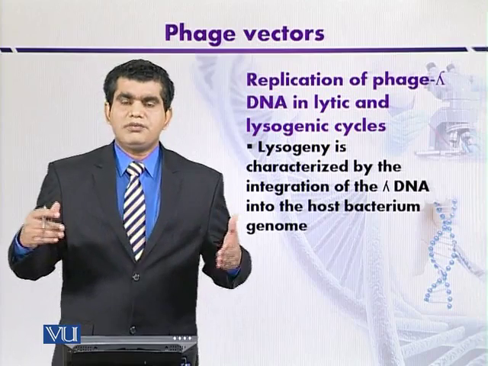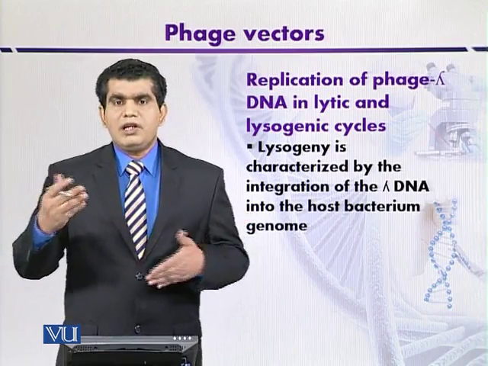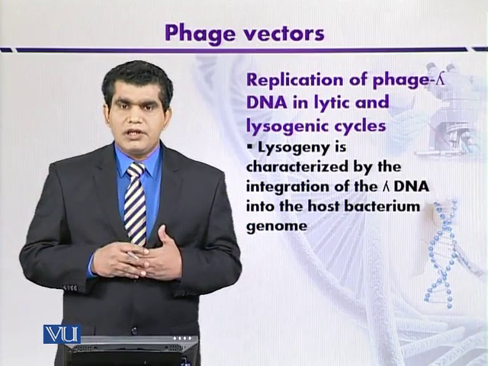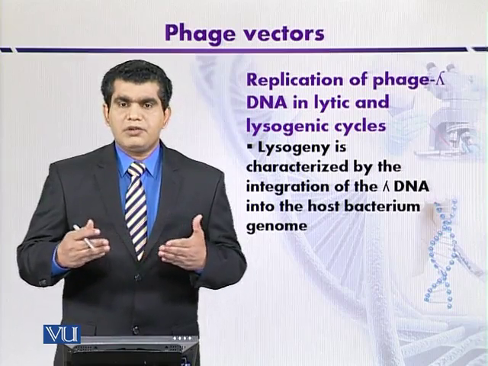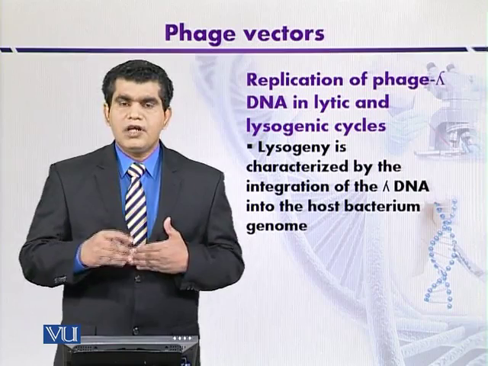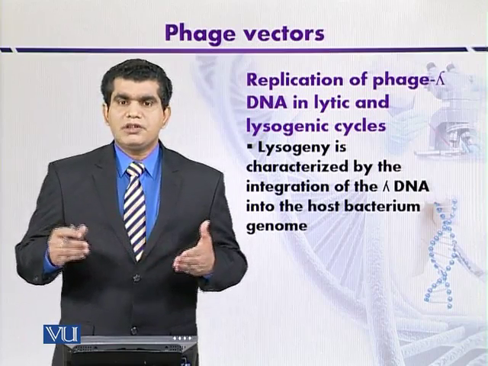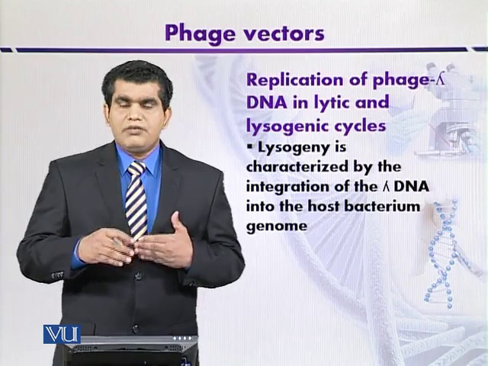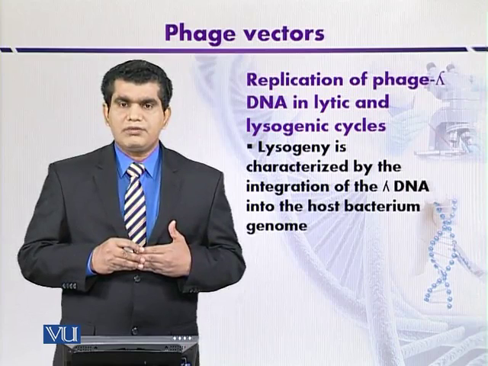And then with the passage of time, due to some stimulus, which may be ultraviolet light under laboratory conditions, it will be excised from the host genome, and after excision it will again overcome the host machinery, and after producing a number of phage particles it can cause the lysis of the host cell.